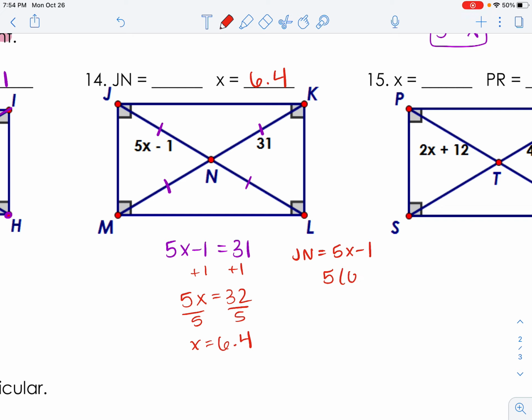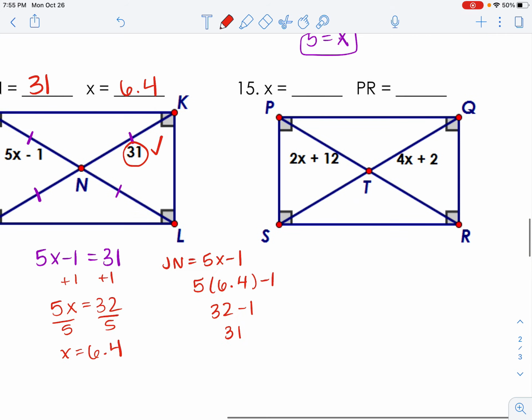So I'm going to plug that in here. When I plug that in, we're going to do 5 times 6.4. We get 32. Then 32 minus 1 is 31. So we know JN is 31. And that matches what we would expect, right? Because JN should be equal to KN.